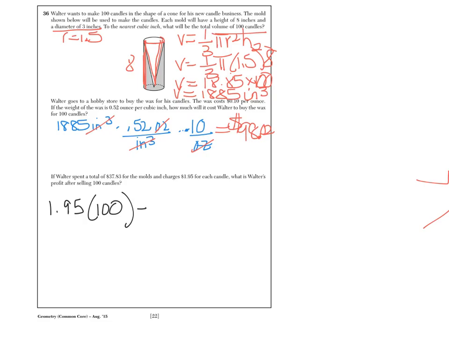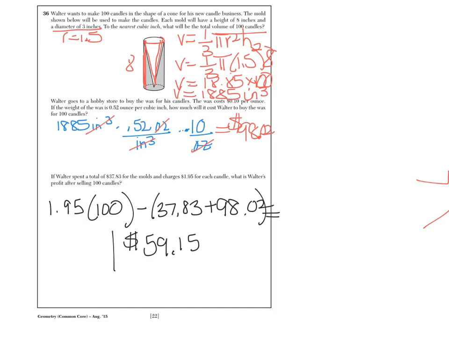However, we need to subtract the total costs here. Money laid out, $37.83 and $98.02, which will leave us a profit of $59.15.